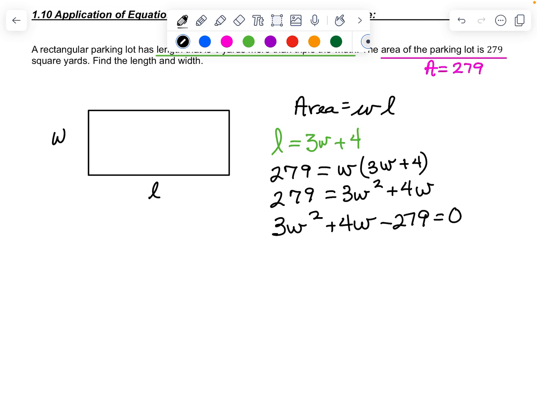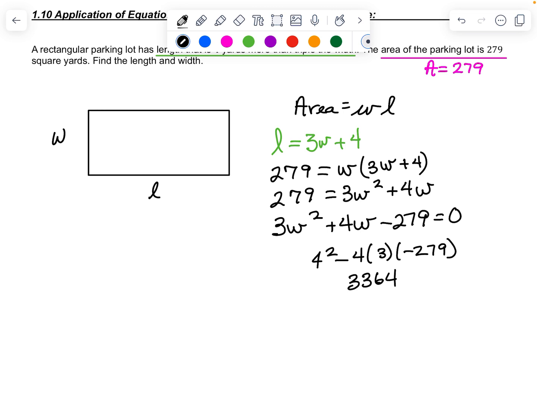So the discriminant is 4 squared minus 4 times A times C. So the discriminant is 16 plus 12 times 279. That comes out to be 3,364.